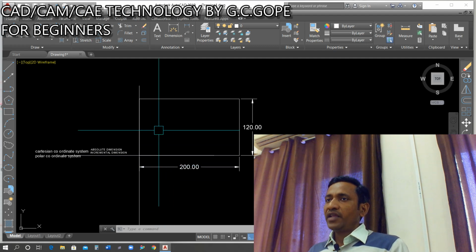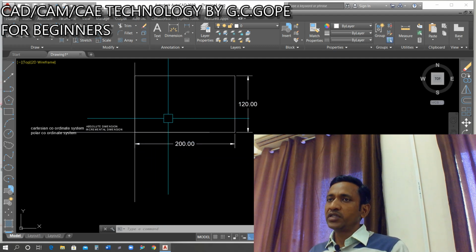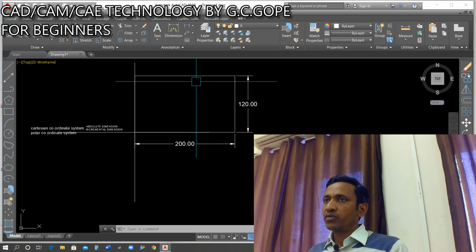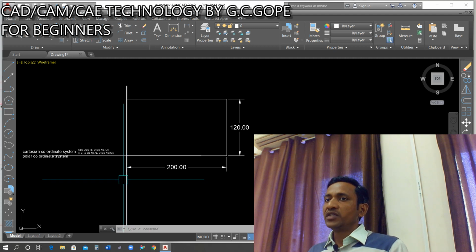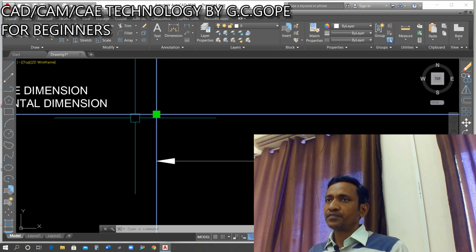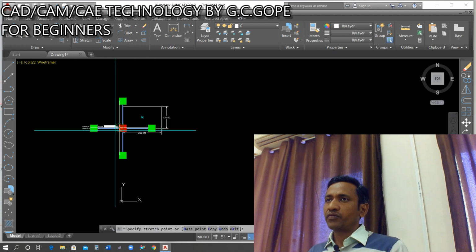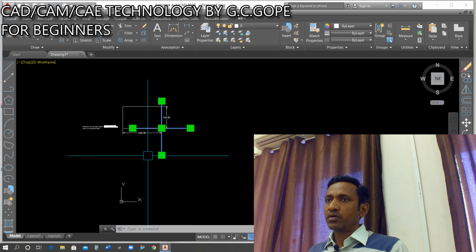Now as we know that we are using this one as the axis, the whole dimension value will be positive. But if you want to change this, I am saying that this one should be here. So suppose select here and move from here. I am going to place it here.